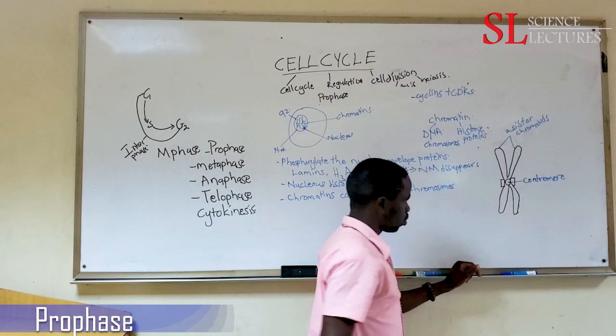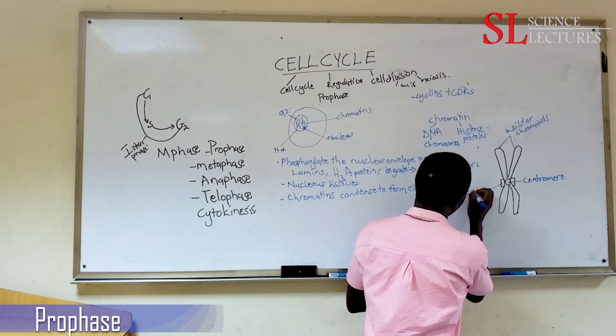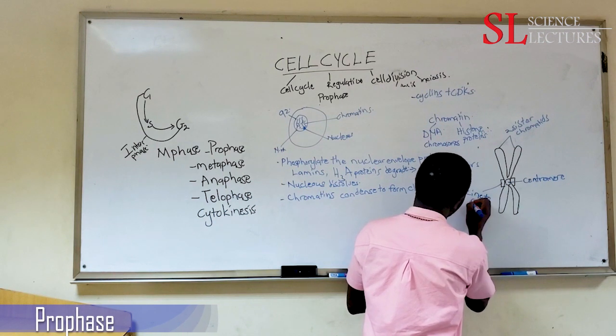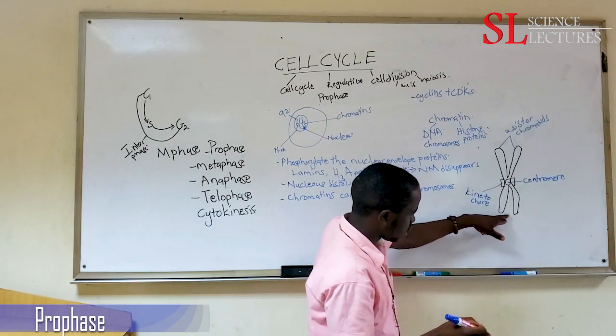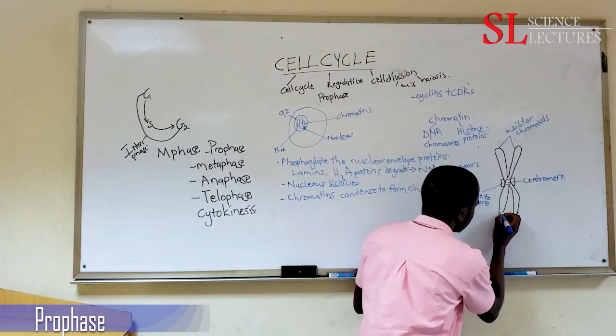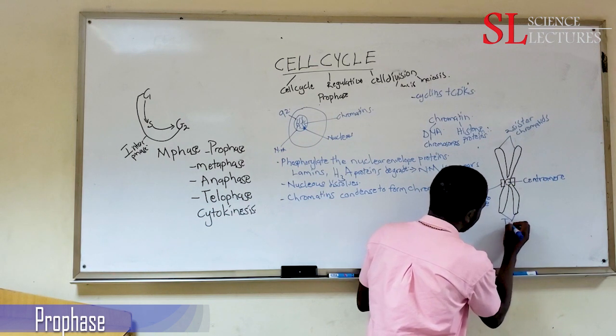Then a chromosome is still made up of a special type of protein which you call the kinetochore. Then the ends of a chromosome, this end and this end, are what you call the telomeres.